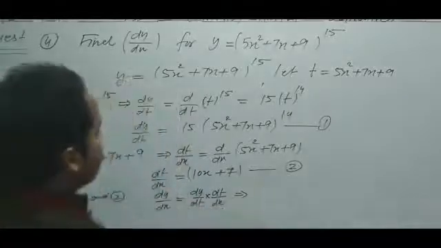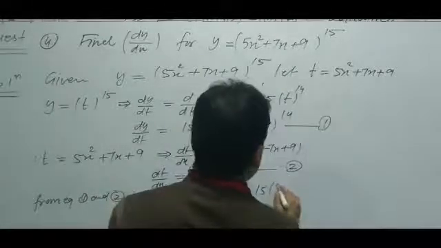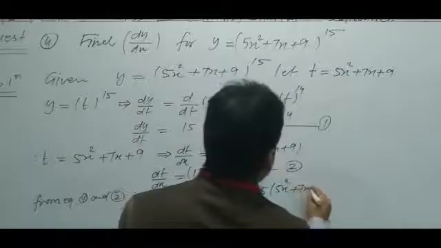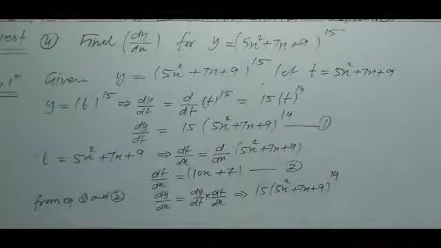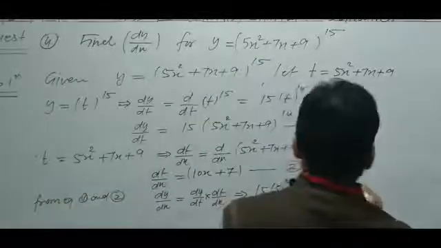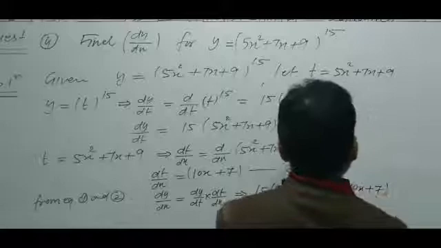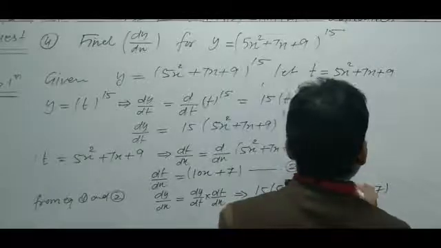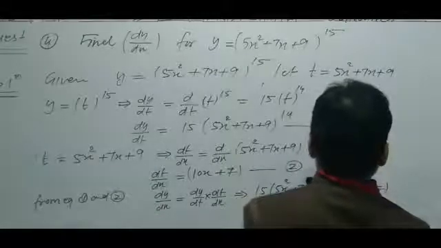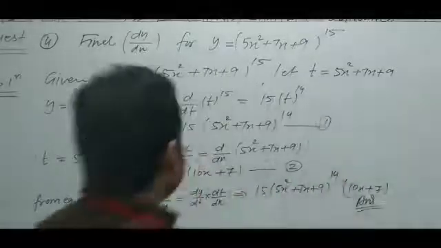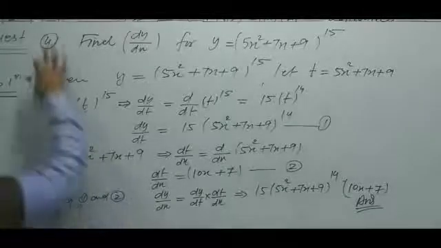So dy by dt result is 15 times 5x square plus 7x plus 9 to the power 14, into dt by dx result is 10x plus 7. Now this is the answer. This is question number 5.